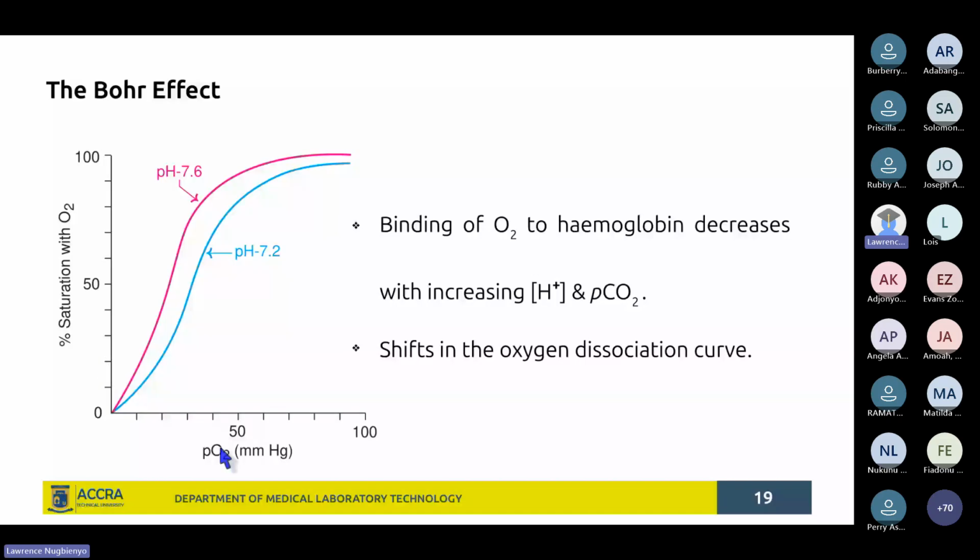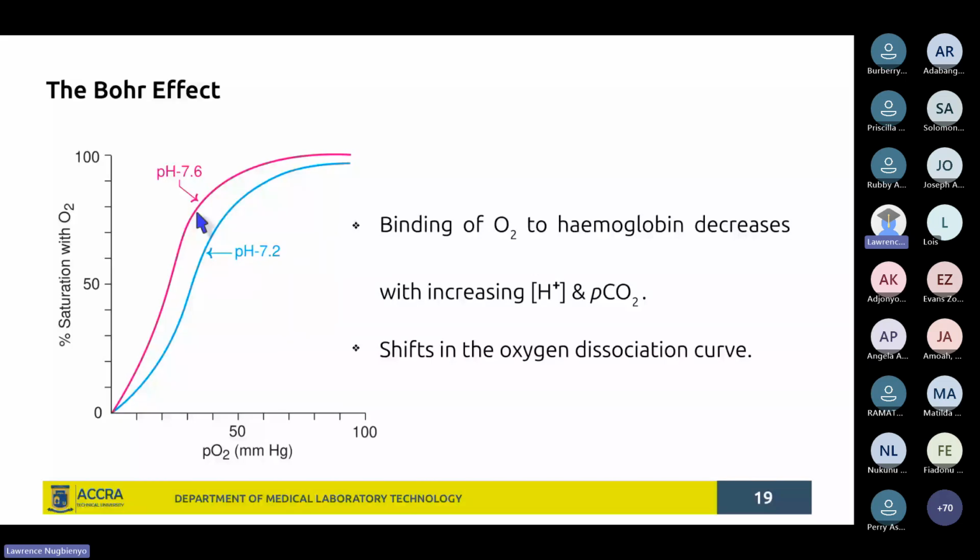And what you notice here is that you have the red curve for pH 7.6 and the blue curve for pH 7.2. What does it mean? I mean, pH 7.2 is lesser, it's more acidic than the pH 7.6.